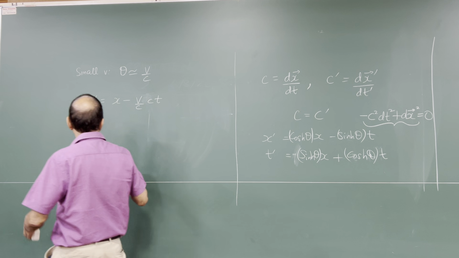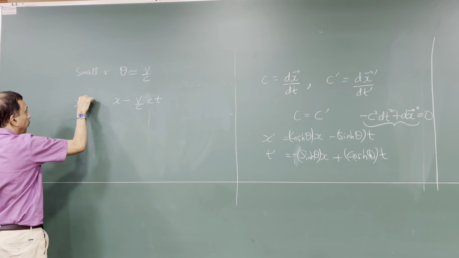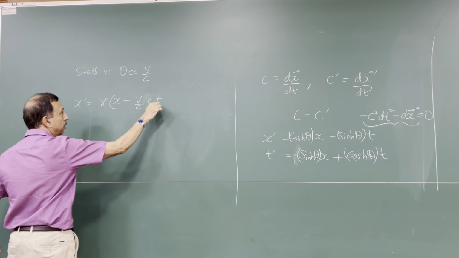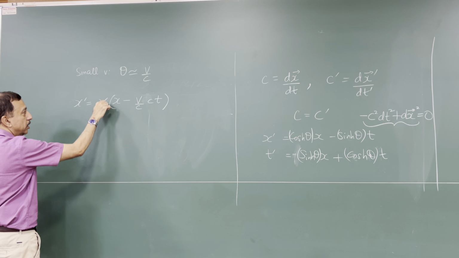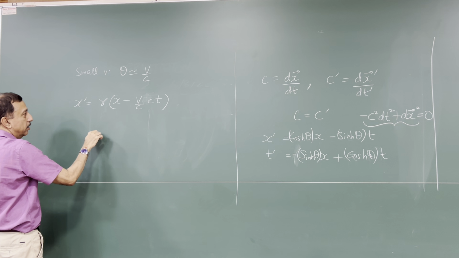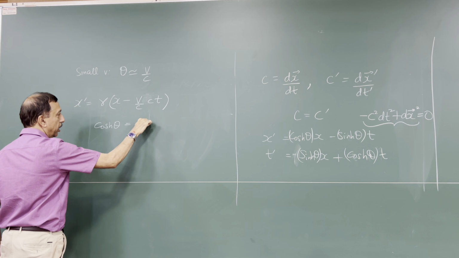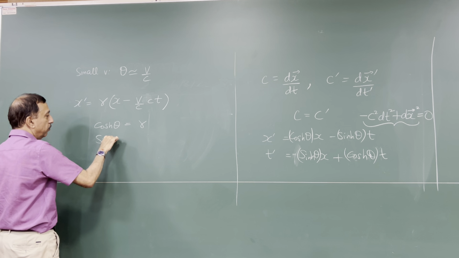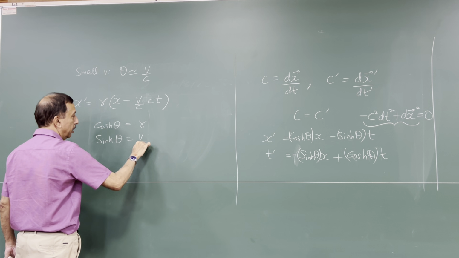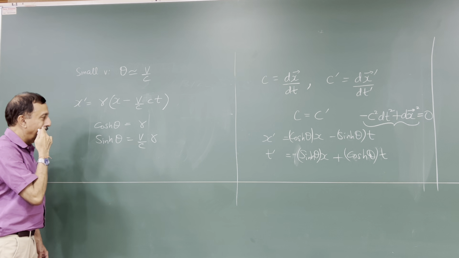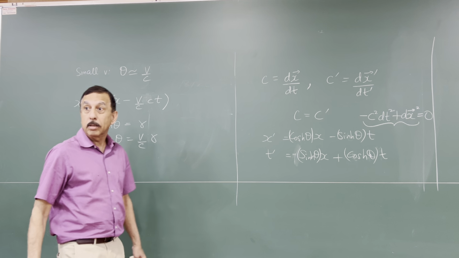So we try to correct it in a way that will work for arbitrary theta and arbitrary v by just putting a gamma here and saying, well, that means that cosh theta is actually equal to gamma and sinh of theta is v by c times gamma. Did I do something wrong? Can I make mistakes all the time? Anything? Okay, good.